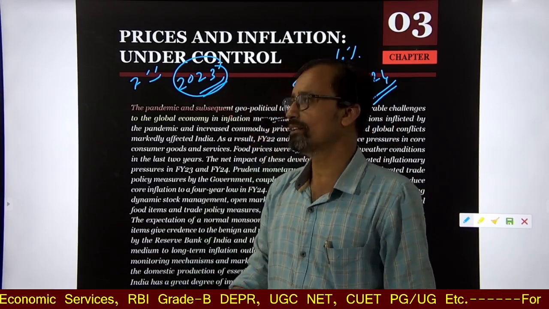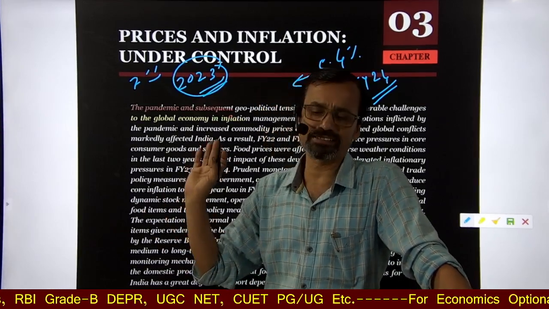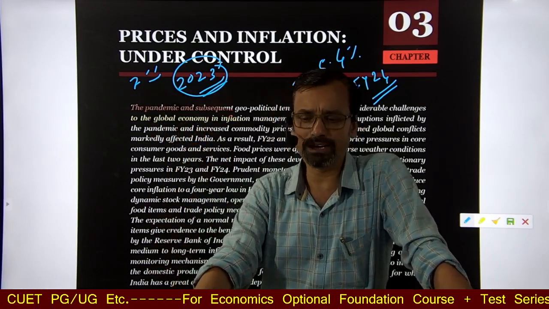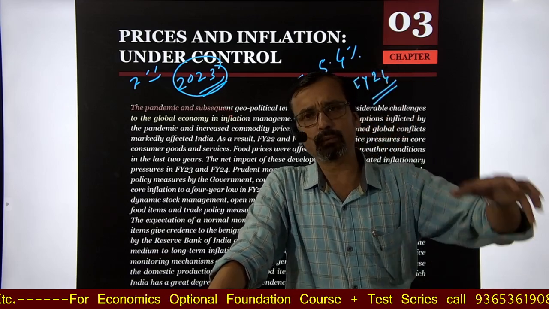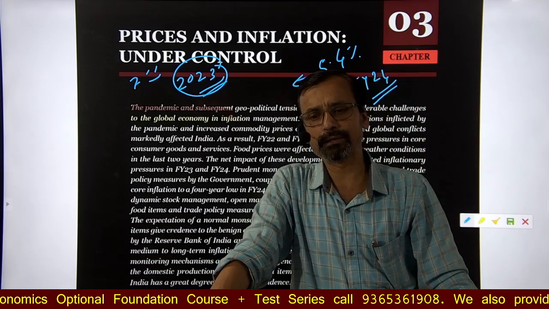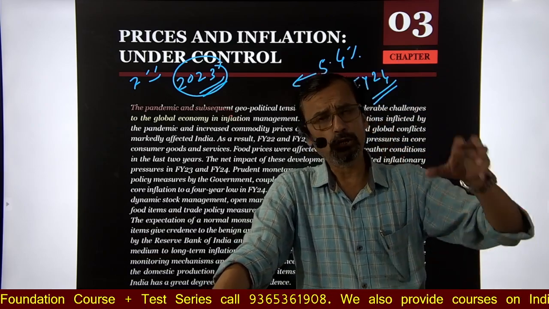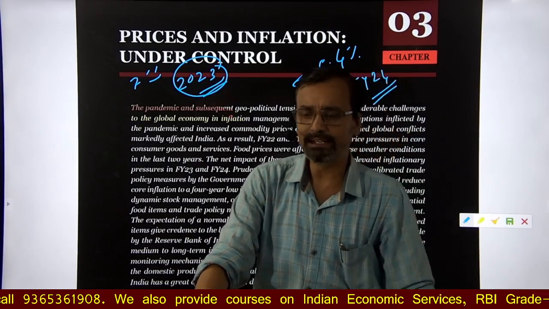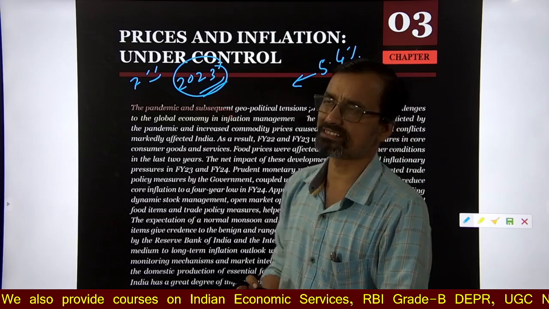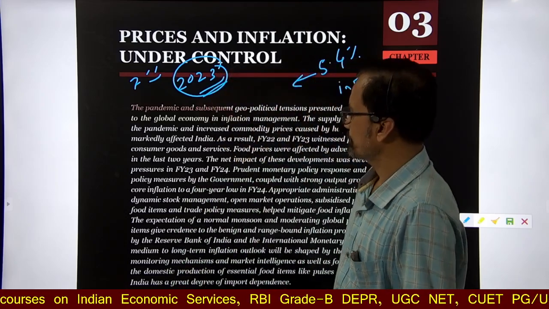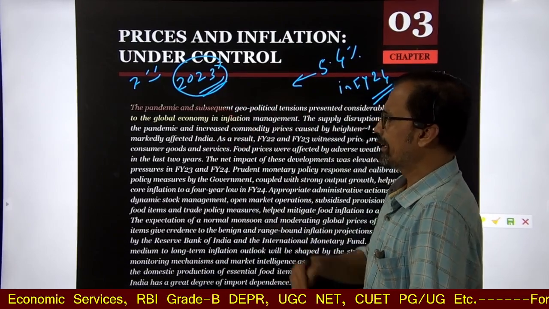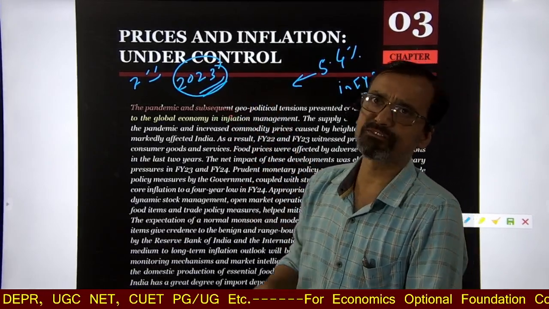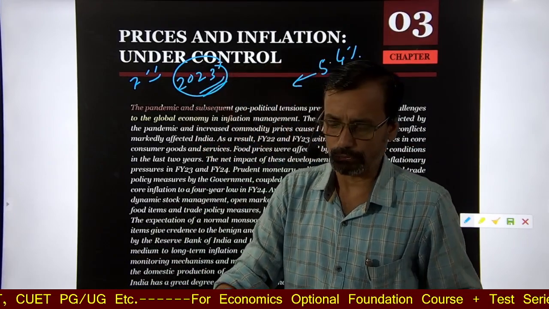But the Economic Survey mentions that in the later half of the financial year 2023 as well as in 24, there was a decline in global inflation because of some reasons. First, low energy prices, low core inflation, and monetary tightening, that is, monetary policies were tightened. Due to all these reasons, in the later part of 2023 and 2024, inflation came under control.